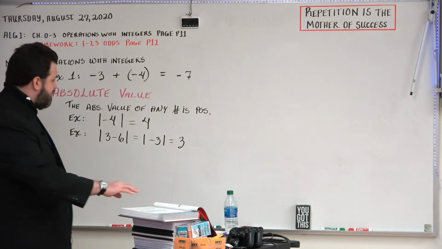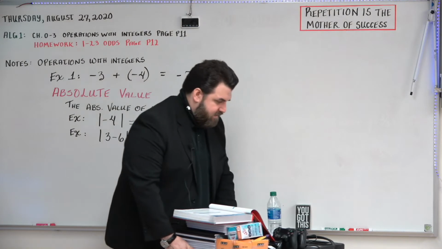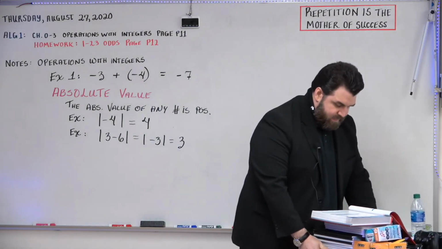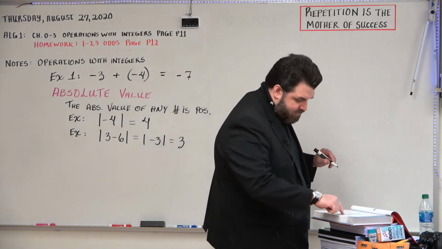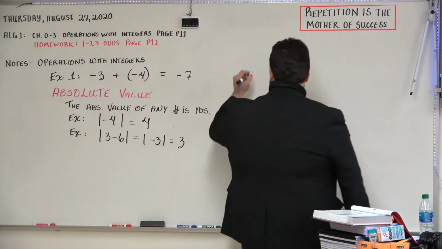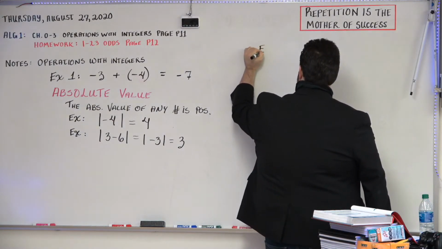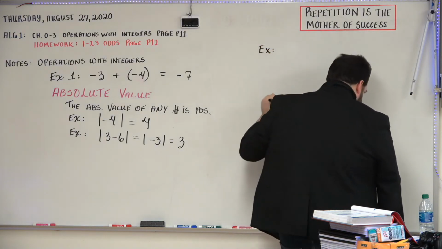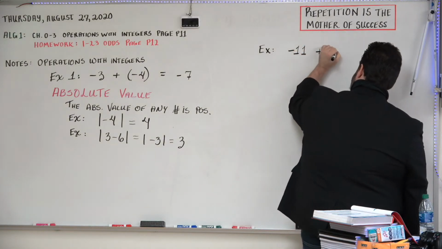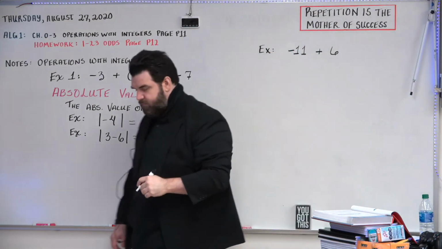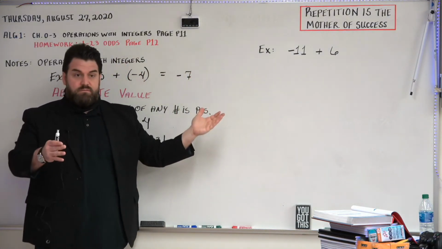Okay, so now the next part of this, they go into a discussion of how you can kind of estimate what's going to happen with a problem. This is this blue box here on page P11. Just take a look at these examples here. We're going to do negative 11 plus 6. The negative number is the bigger number, right?